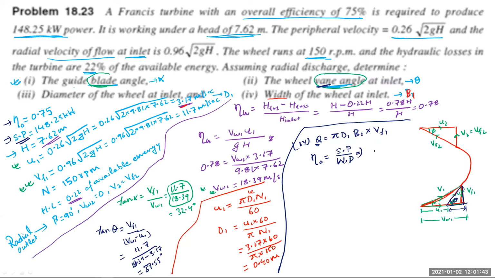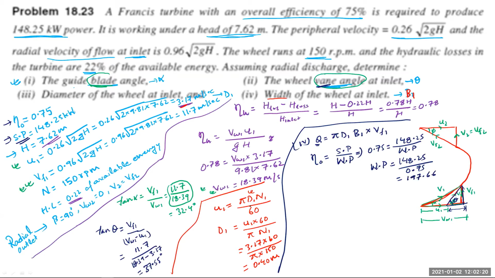So overall efficiency 0.75 equals shaft power 148.25 divided by water power. So from here we will get water power. What value are you getting for your water power? 148.25 divided by 0.75. Tell me what you are getting. 197.66. This is water power.